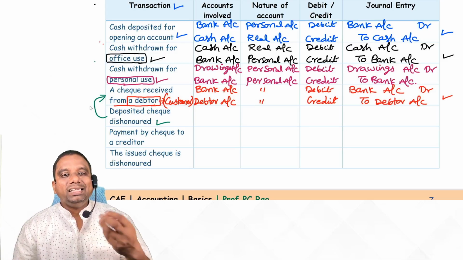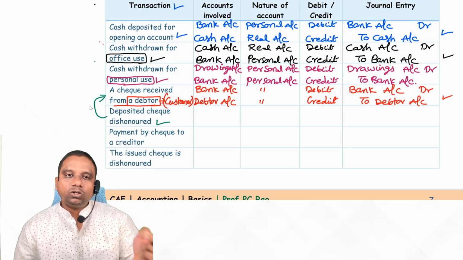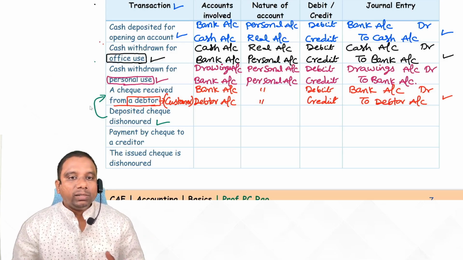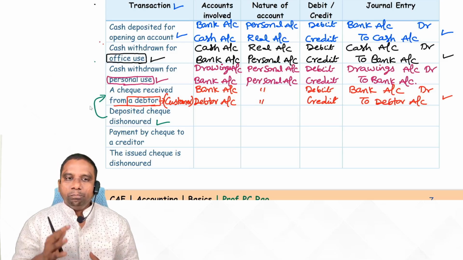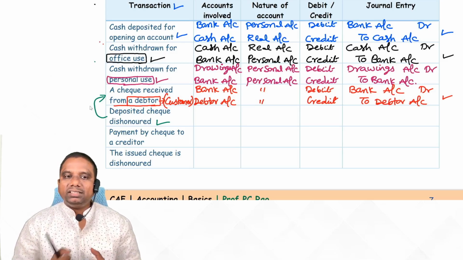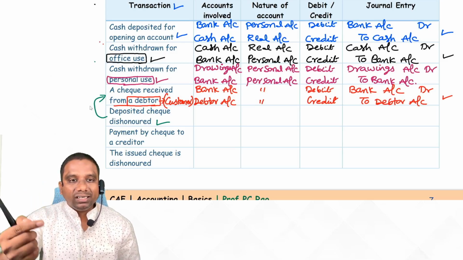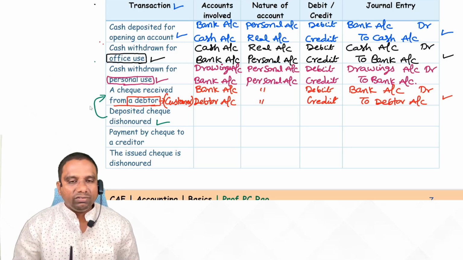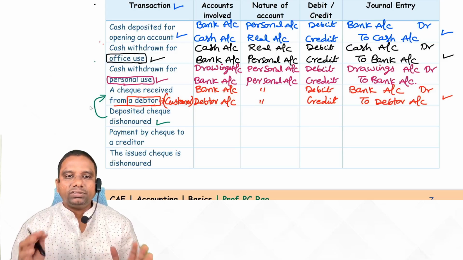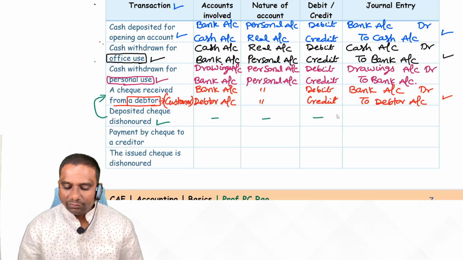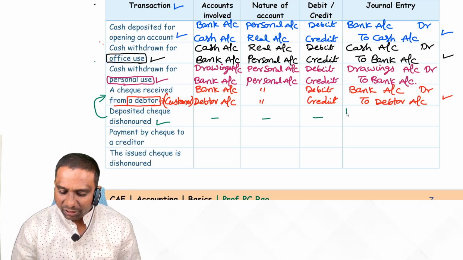If due to any reason the check is dishonored, the bank is unable to collect the check. In that case, whatever entry you have written previously becomes reversed. Observe carefully.